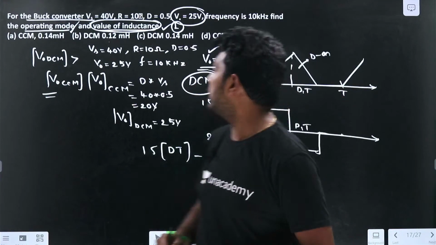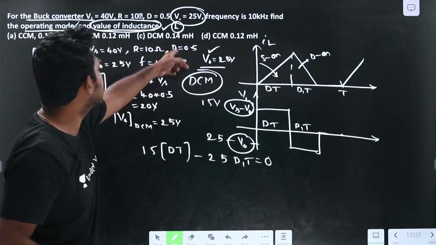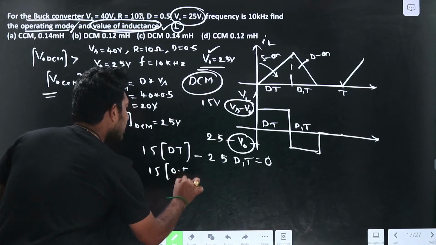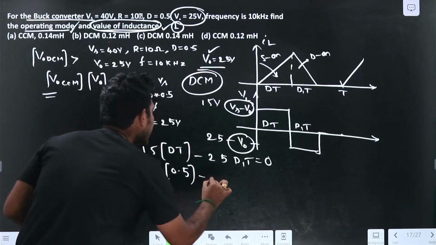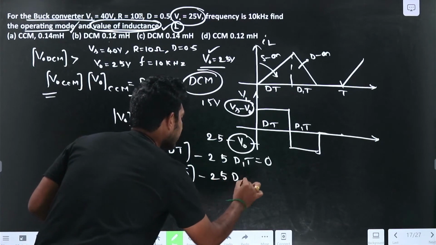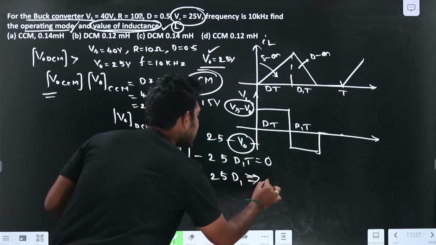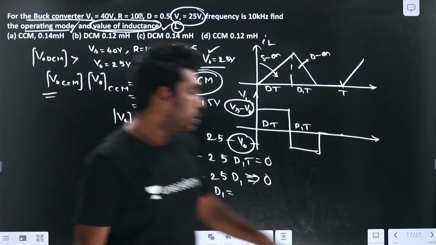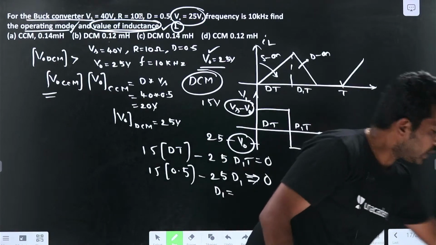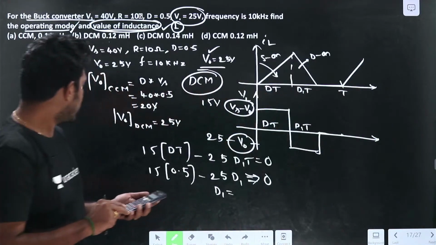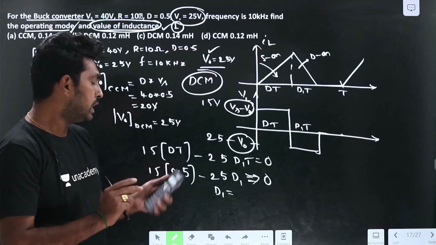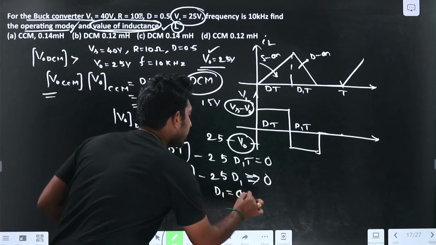Because the duty cycle is given as 0.5, 15 into 0.5 minus 25 into d1 equals 0. So d1 equals 7.5 divided by 25, and I get d1 as 0.3.